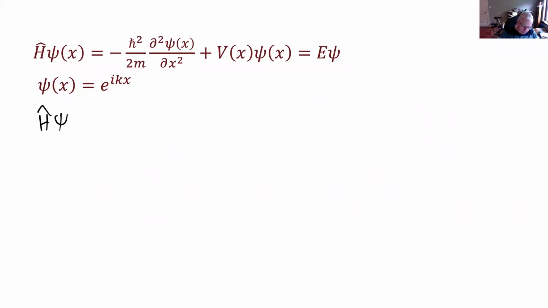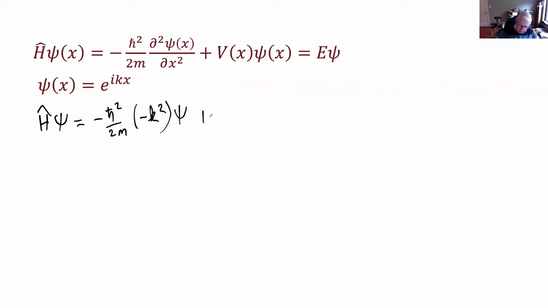On the front end, I have the minus h bar squared over 2m from the operator. When I do the second derivative of e to the i kx, what I get is minus k squared, and all of that is still multiplied by psi.